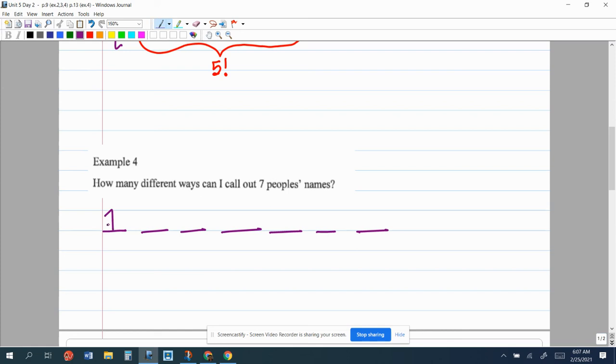I have seven elements that I could choose from in the first position. I use one. There are only six left, five left, four, three, two, and then there's one left. And then based on the fundamental counting principle, I'm going to multiply all of these options together and I'm going to save you some time. You should get 5,040 different ways that you can rearrange seven people's names.